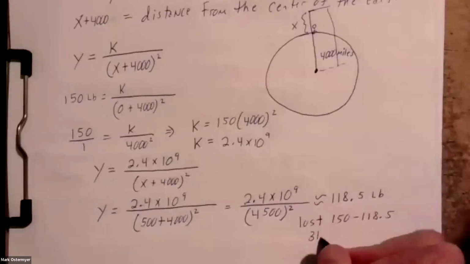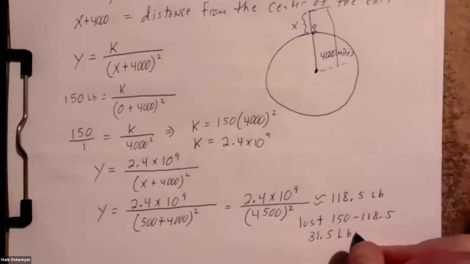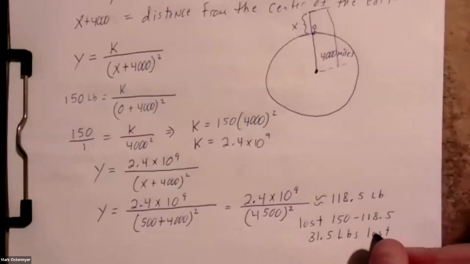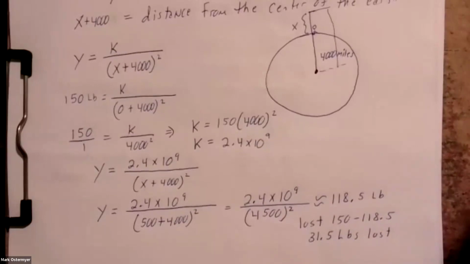Thirty-one and a half. 31.5 pounds lost. Hey, we just found another way to diet. All you got to do is just go farther above the Earth's surface and you'll lose weight. Isn't that cool? No diet necessary.